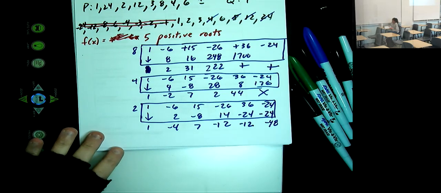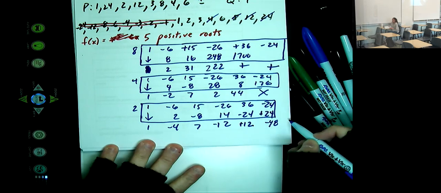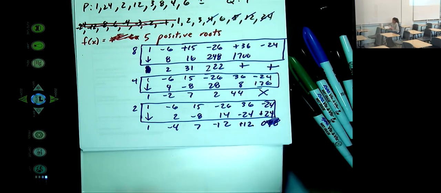Looks like maybe it should have. I gotta have done something wrong. 36 minus 24 is positive 12. That makes it positive 24. This is a 0. So 2 was an answer.